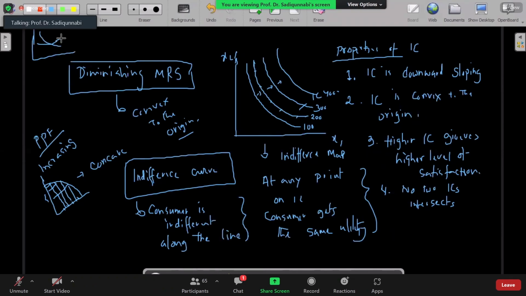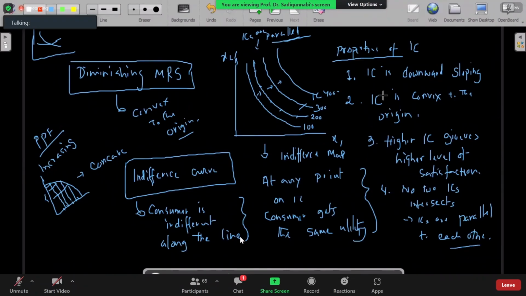There is no intersection. The ICs are parallel to each other. Okay, so we have four properties.